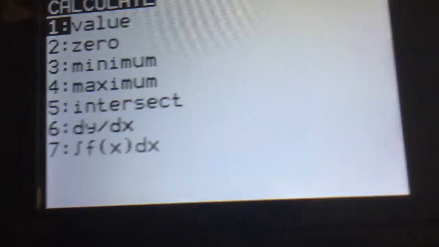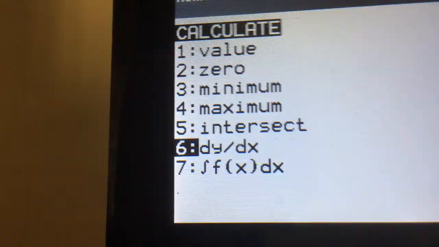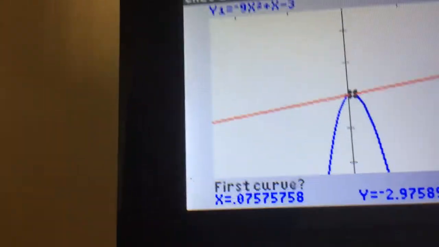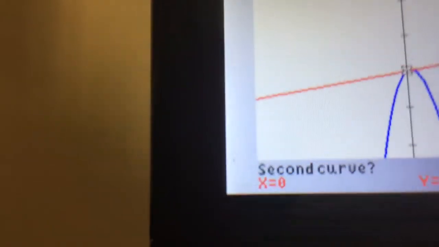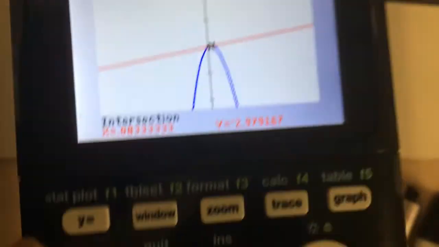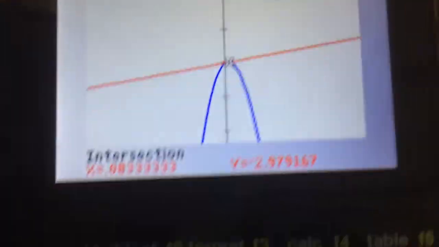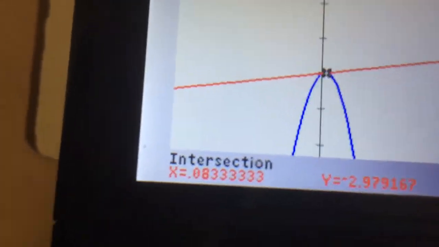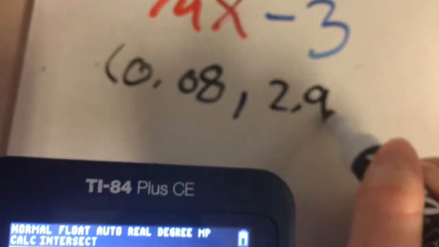So go to second trace, intersect, and I think this should be good. So this is our intersection point, and the only one: 0.08, 2.98.